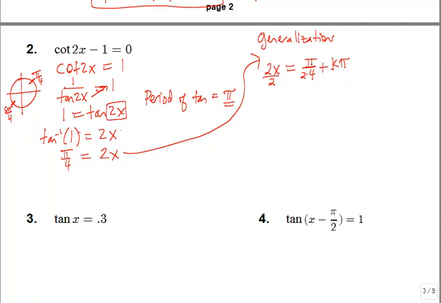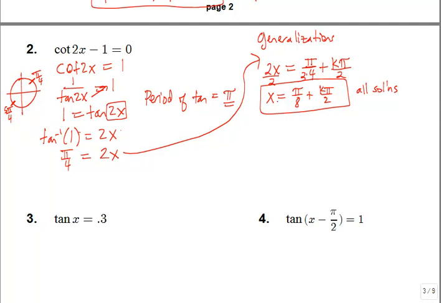And for this piece, you also need to divide by 2, so that's going to get divided by 2 like that. And if we simplify, this gives me x equals pi over 8 plus k pi over 2. And this would be all of our solutions, all of those infinite solutions. Okay, this is going to generate all of those.